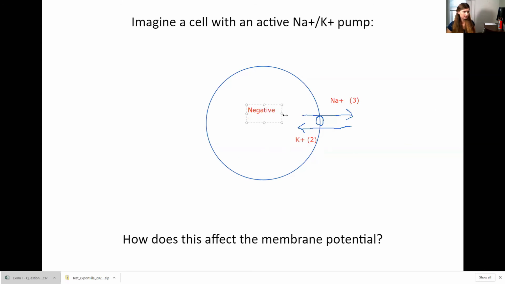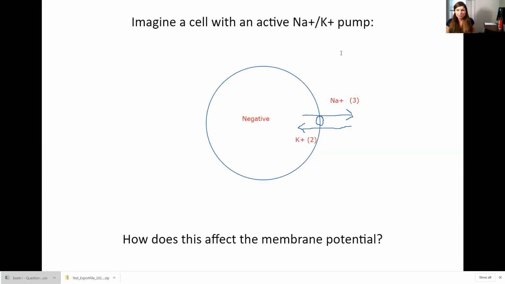And this is because our pump isn't transferring these sodium and potassium equally, right? We have 3 going out, 2 coming in. So if we just count those charges, it's not even. When we're talking about membrane potentials for cells, we've simplified it in our previous unit as thinking about just a bunch of anions inside the cell and cations outside the cell.